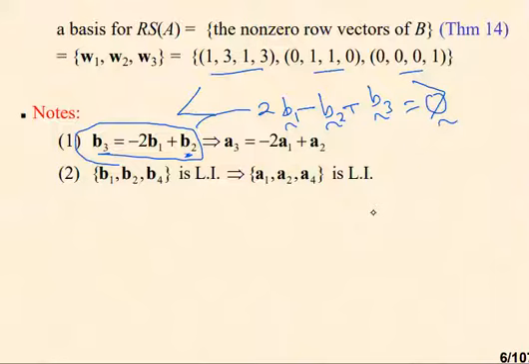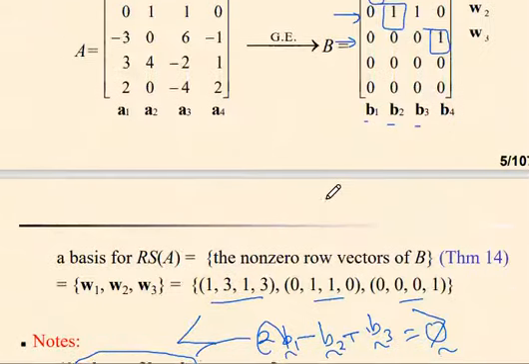So here this is your C1, C2, C3. So this is a non-trivial solution to this system. Therefore B1, B2, B3 are linearly dependent, right?